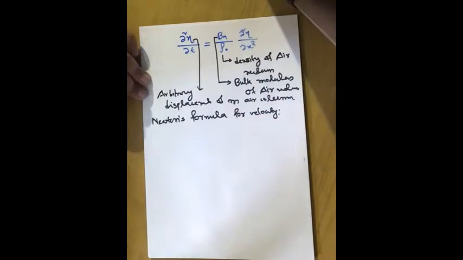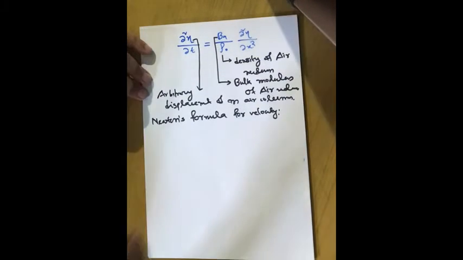Initially, Newton considered that the transmission of sound through air medium is an isothermal process. That means there is no local temperature gradient, and the temperature of the air columns remains steady when the sound wave propagates through that air column.